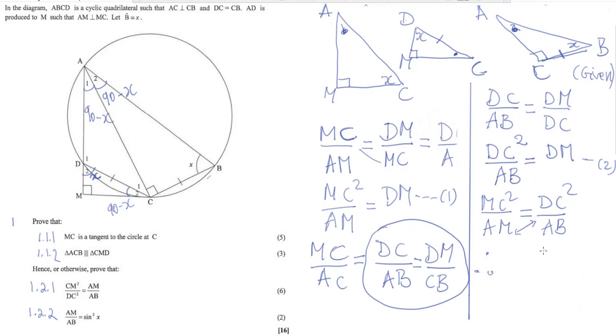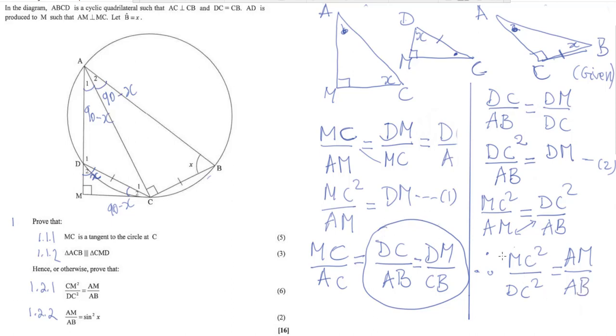Alright, so finally this is what we're going to have. We have MC squared over what? DC squared equal, so they swap, as you say, cross multiply, AM over AB. So it's proven.